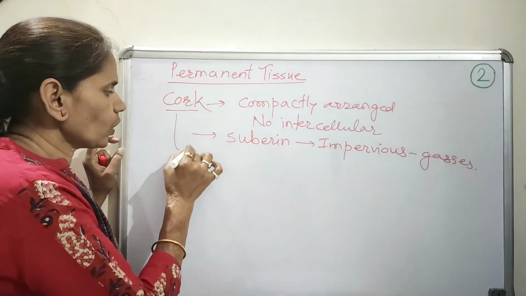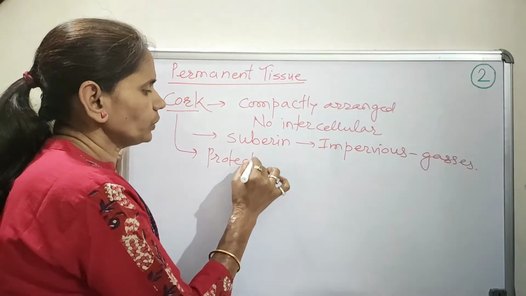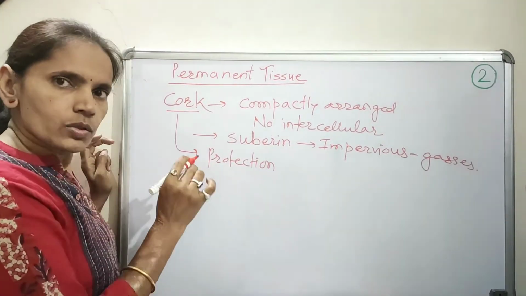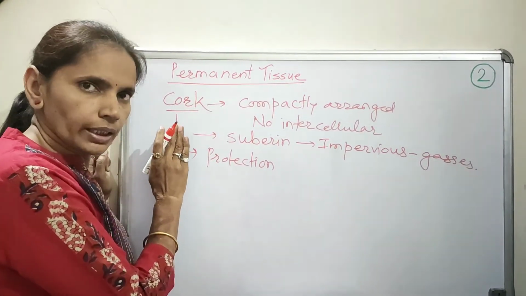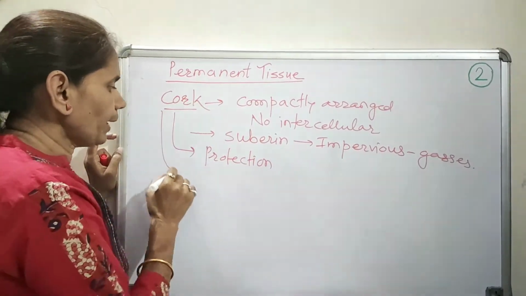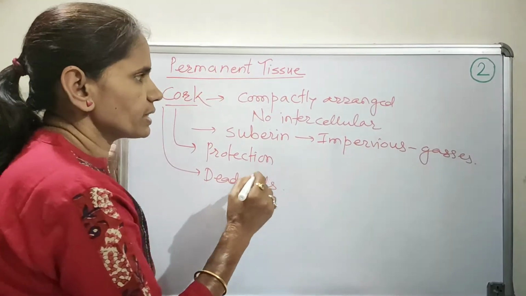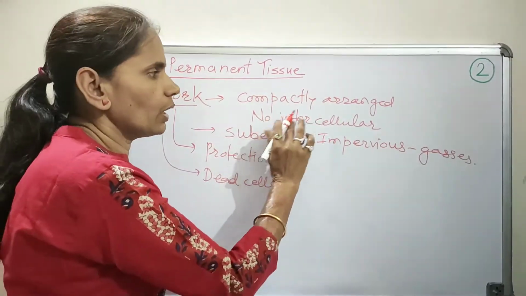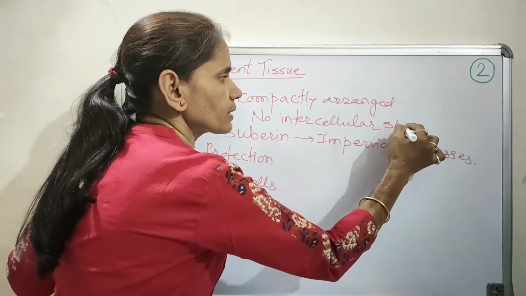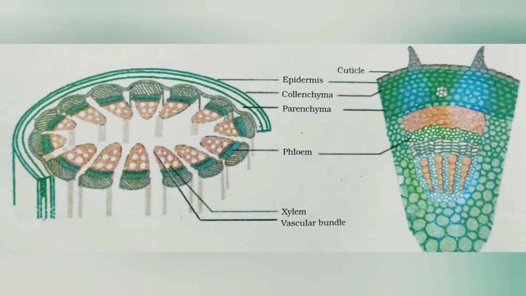Mainly, this cork also provides protection to the bark or to the stem. So it is similar to the epidermis, but later on it consists mainly of dead cells. So it is a layer of dead cells that are compactly arranged without intercellular spaces, and they have suberin.